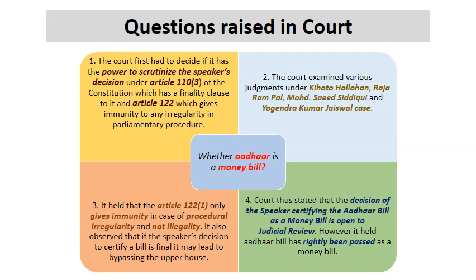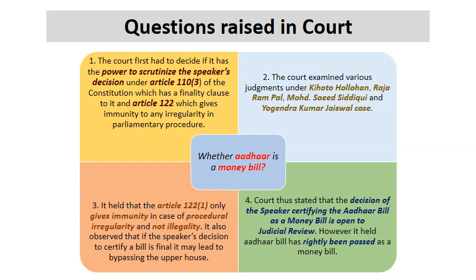Okay. So now the court went into some previous cases that it has decided, for example, Kihoto Hollohan, Raja Ram Pal, Mohammad Saeed Siddiqui, and Yogendra Kumar Jaiswal. All these cases relate to the finality given to the Speaker in some case or the other.